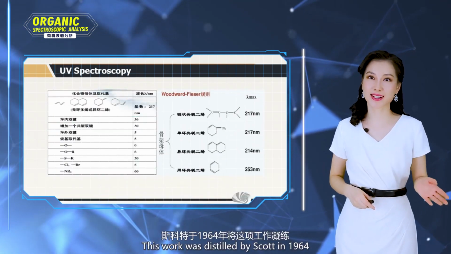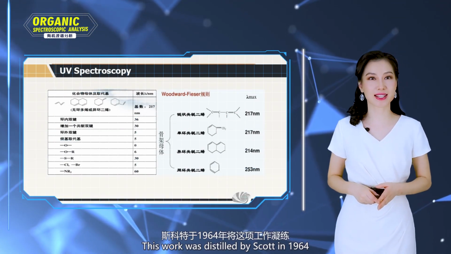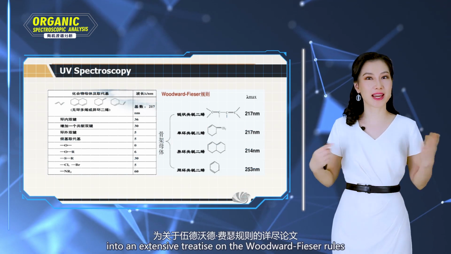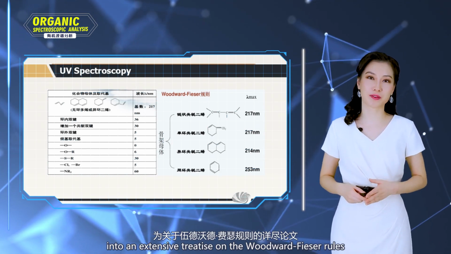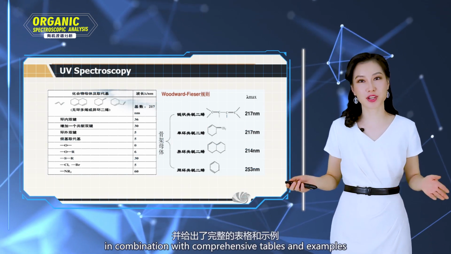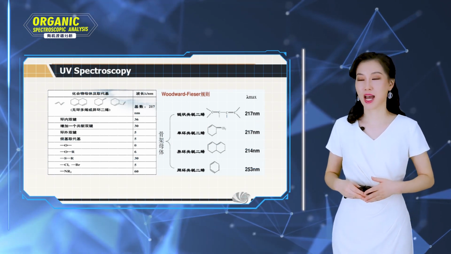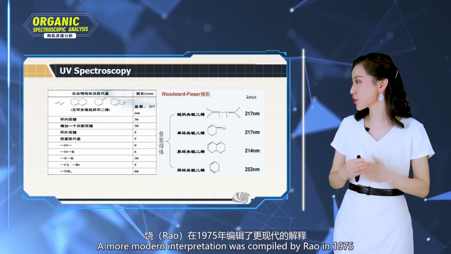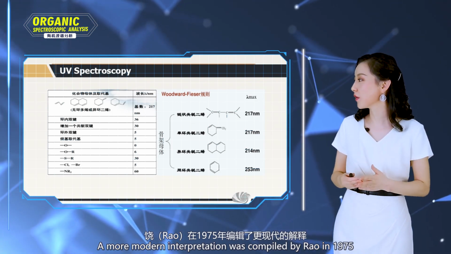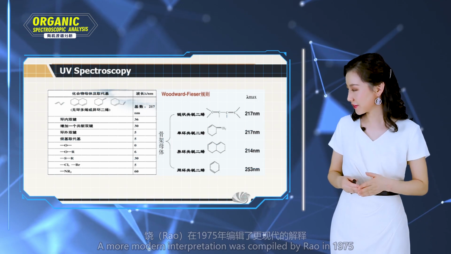This work was distilled by Scott in 1964 into an extensive treatise on the Woodward-Fieser rules, in combination with comprehensive tables and examples. A more modern interpretation was compiled by Rao in 1975.